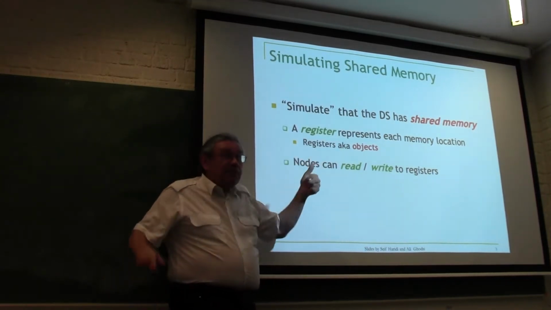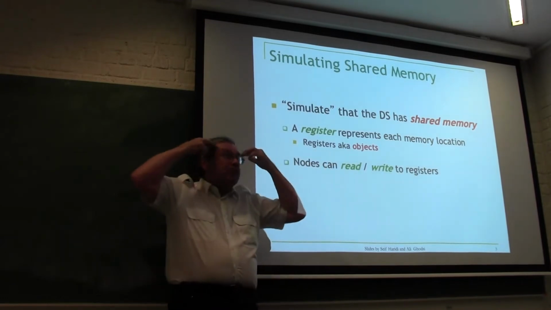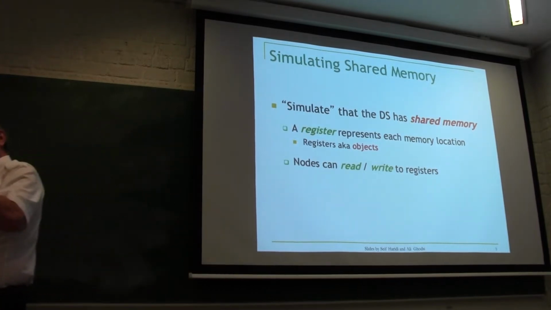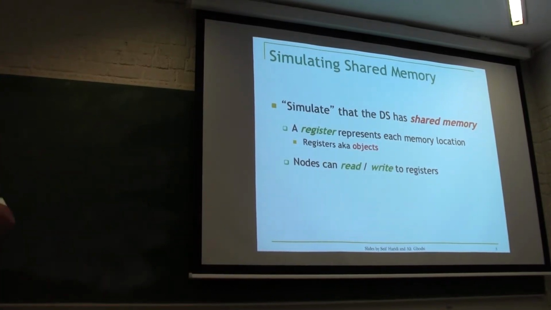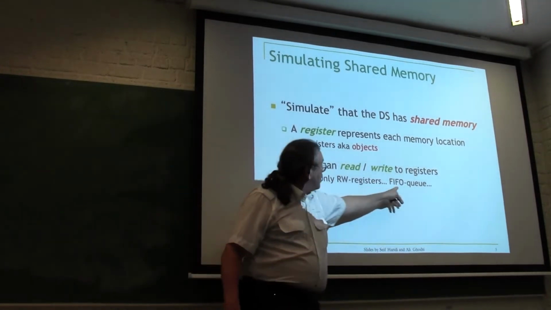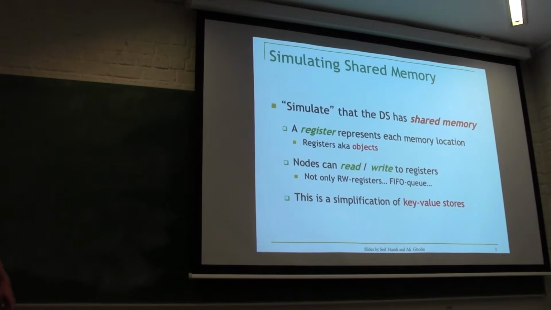We will give you simple algorithms just using registers, but in your imagination, you have to think that this is just the heart of a big thing. So there's objects. And more than that, nodes can read and write, but we can have many kinds of data structures, like a FIFO queue implemented.